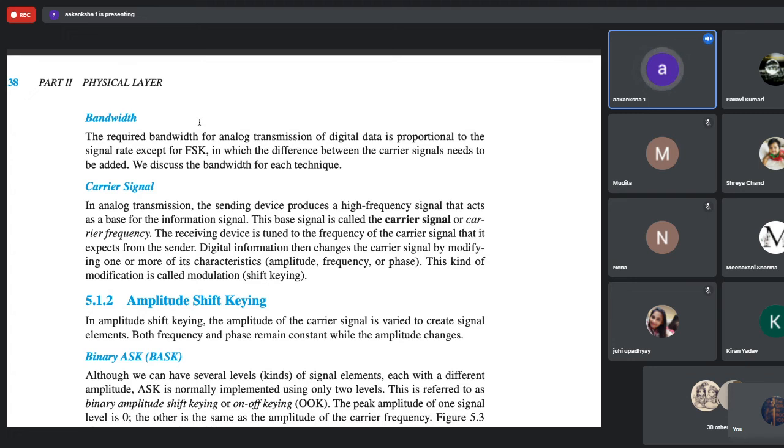So even if it is music or maybe simple human speech, that is only in the audible range, that is 300 hertz to 4000 hertz. That is the maximum range a human ear can accept.